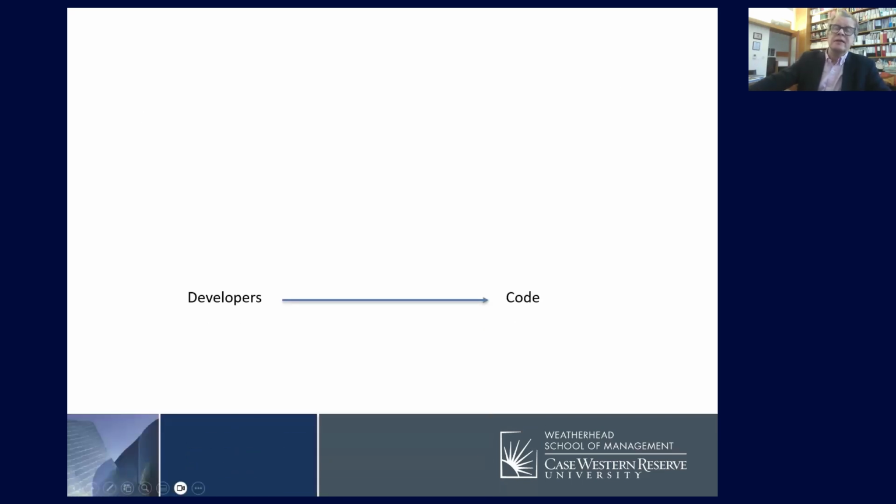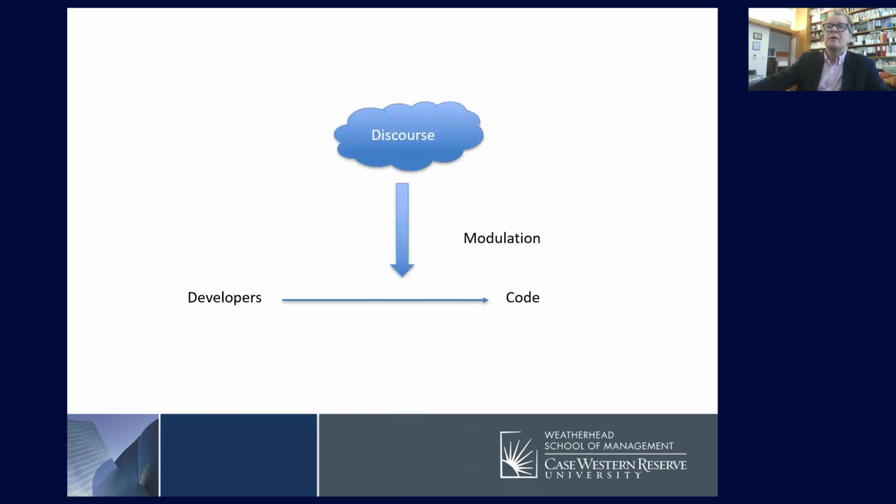So you can think of this in a way that developers autonomously develop code. That's the basic idea of the bazaar. Anybody can come there, they can write code, and there are of course developers who can look at that code, like a million eyeballs and so forth. Then there's this discourse, which modulates through the talk about the way in which this code is being developed.